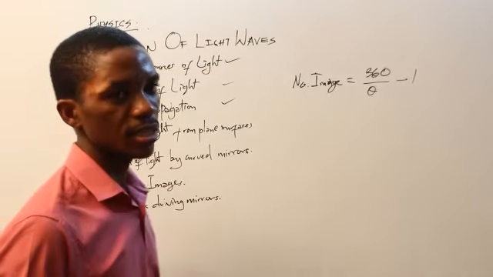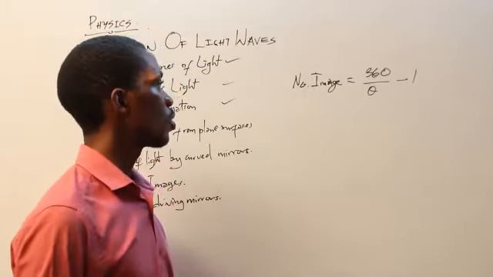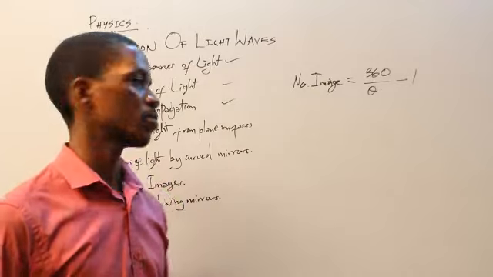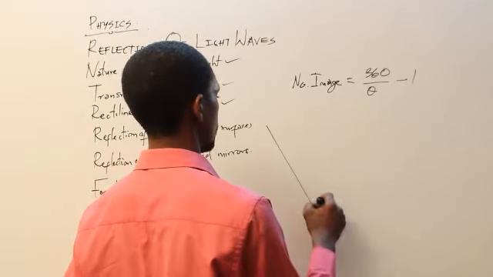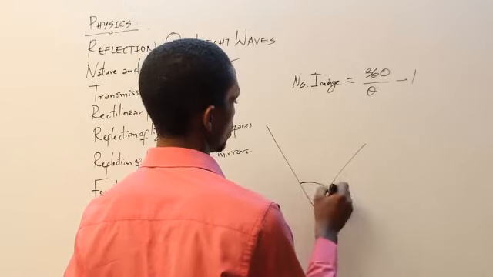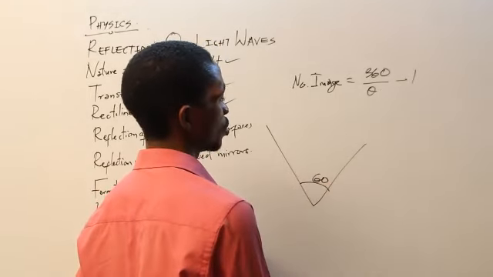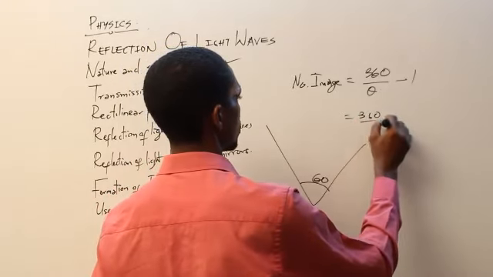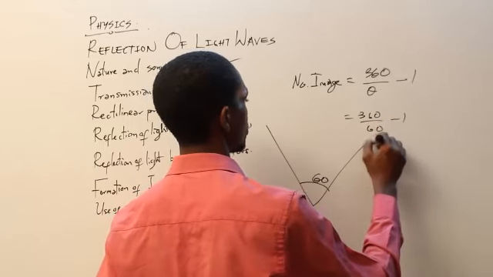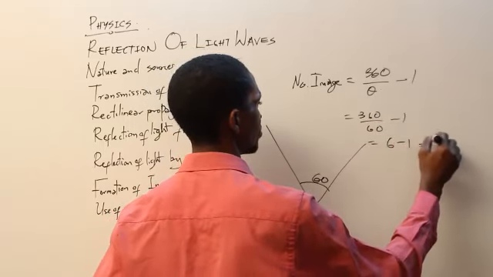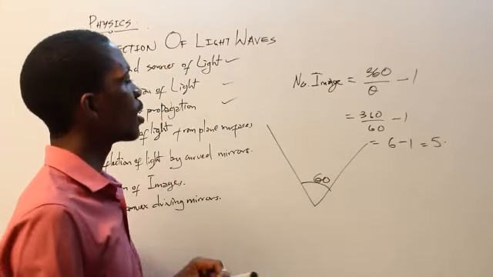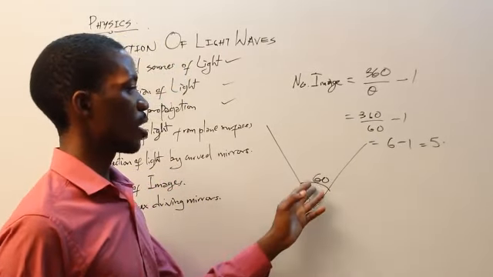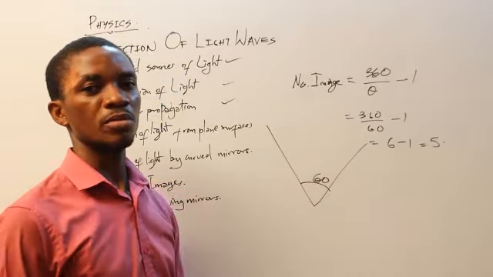While theta is the angle between the 2 mirrors. So, if I should get 2 mirrors and I should put them at 60 degrees to each other, my answer will be 5. So when an angle of 60 degrees is between 2 mirrors, you have 5 images.